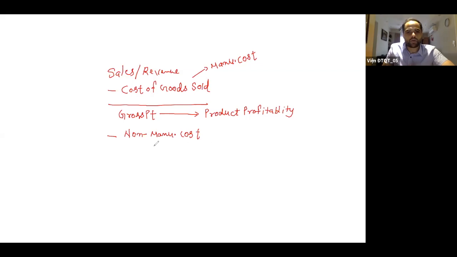All these kinds of costs are non-manufacturing cost. So gross profit minus non-manufacturing cost is net profit, or sometimes we call it operating profit.